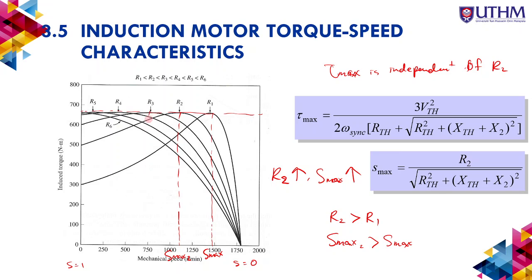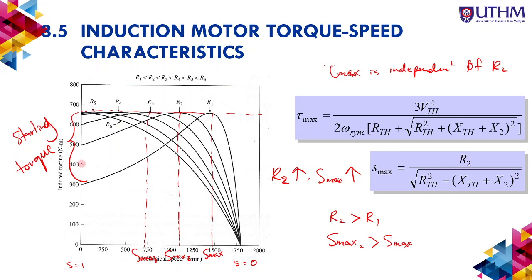R3 is much higher than R2, so S max 3 is higher, up to R6. What changes here is the starting condition, the starting torque.